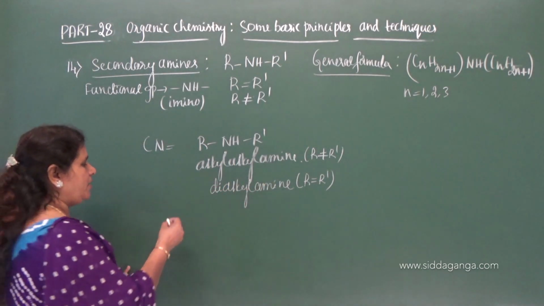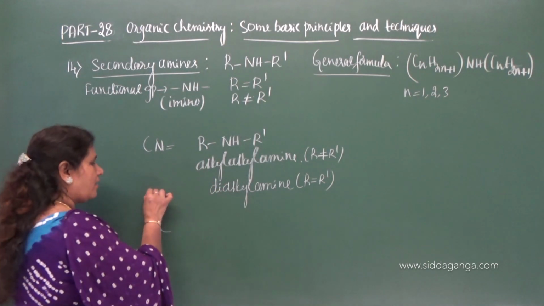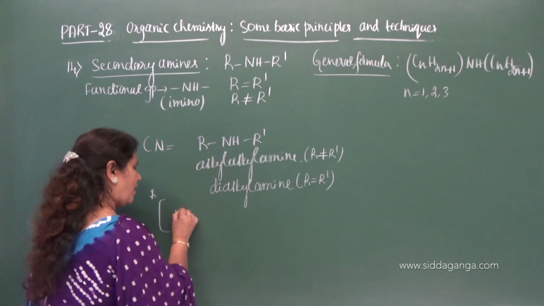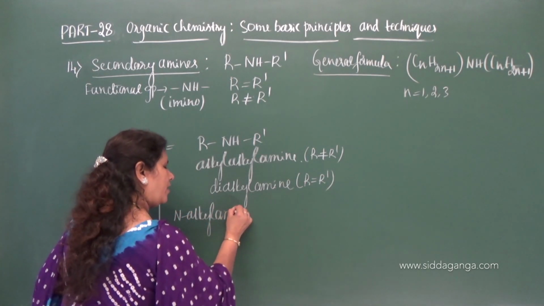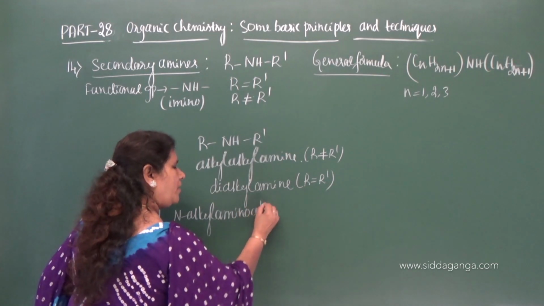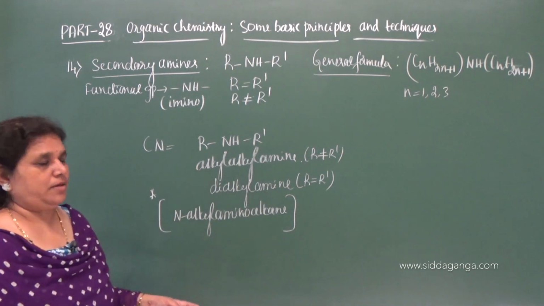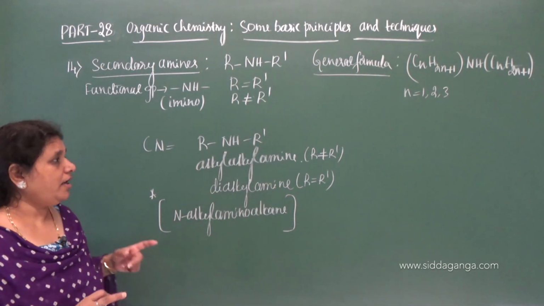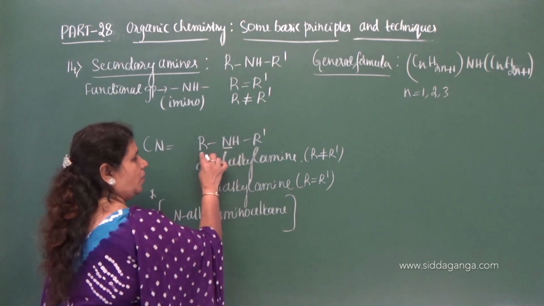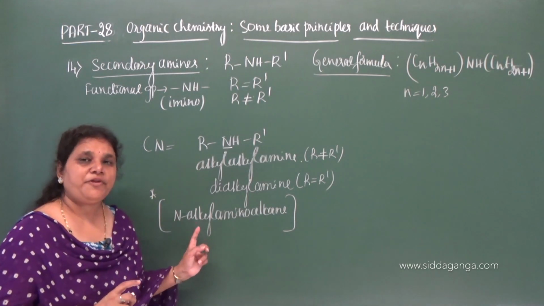One more common name is there, but usually we use the earlier one. The other name is N-alkyl amino alkane. N-alkyl means one of the alkyl groups you have to consider as a prefix.